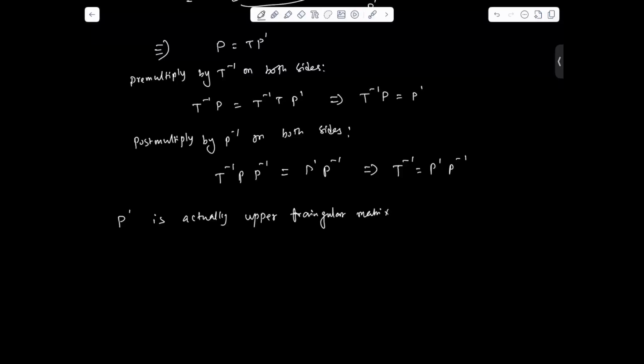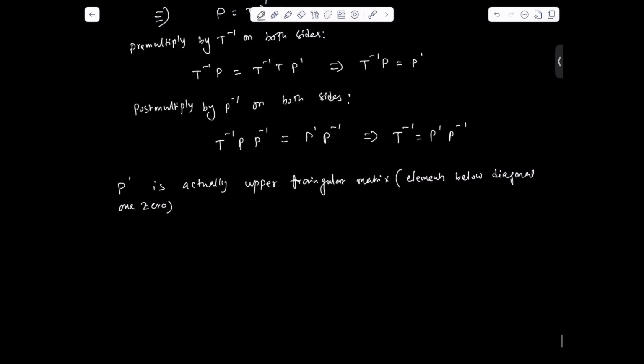So upper triangular matrix means the elements below the diagonal are 0, right? So we can write. So here we can find the P dash matrix.